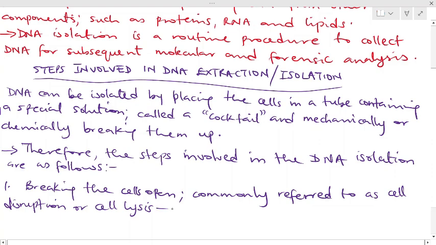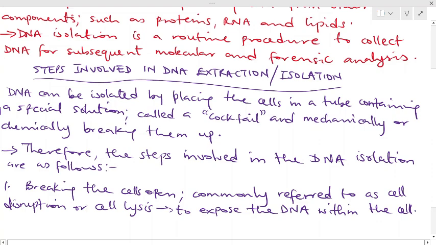The purpose is to expose the DNA within the cell. So that's the first step.